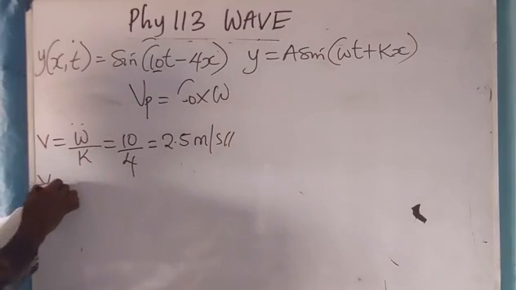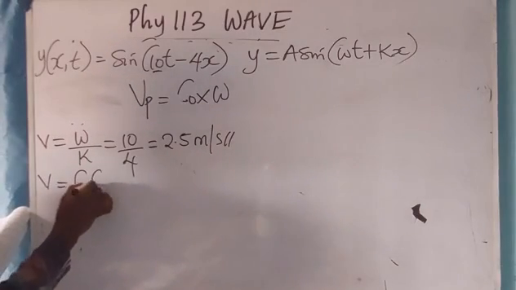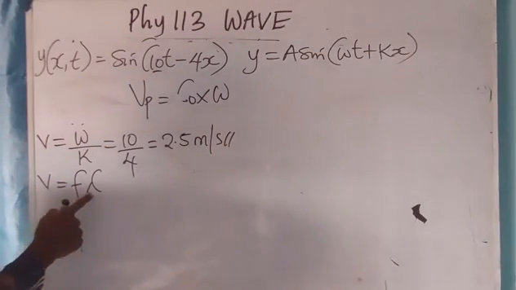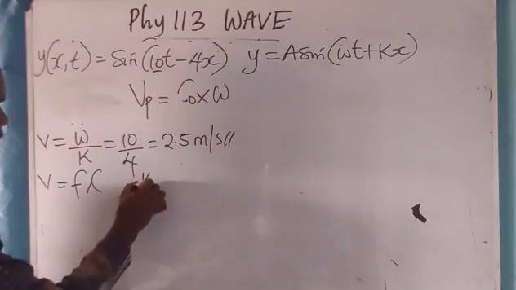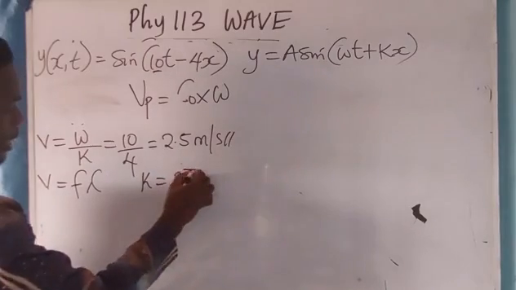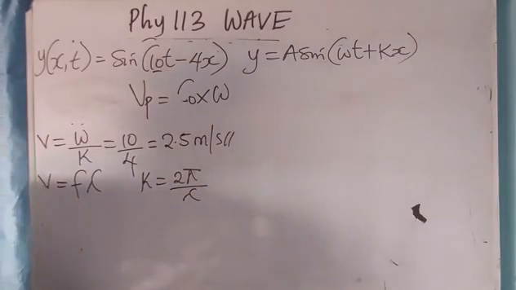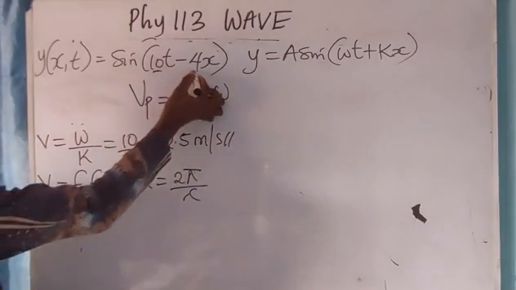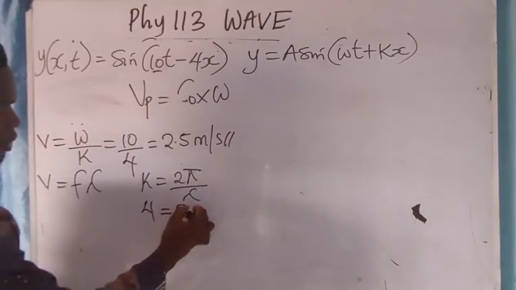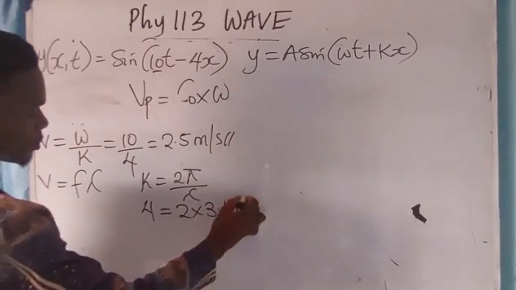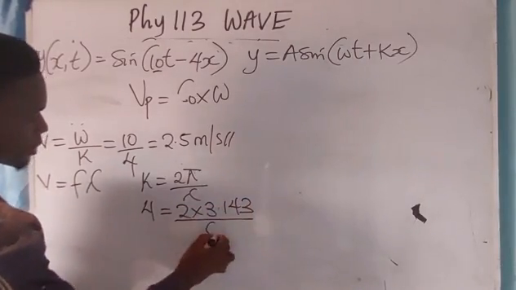So v equals f lambda, but I've not looked for the value of lambda. For me to look for lambda, I have to use k equals 2 pi over lambda. It means that k is 4, so 4 equals 2 times 3.143 over lambda.